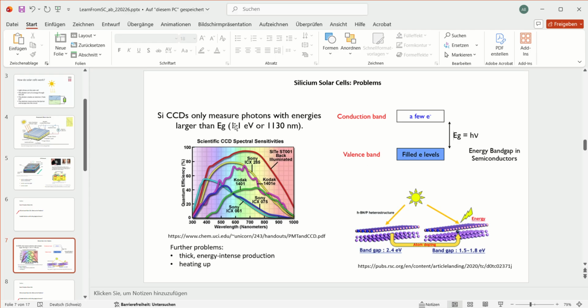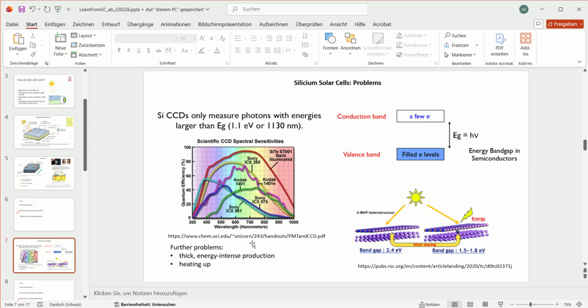And here they say, this is actually something I discussed in earlier videos and I didn't know back then, that if you have photons of a longer wavelength than this value, 1130 nanometers, the response is 0, because the photon doesn't reach the conduction band, so there are no electrons. The electron can't be released and can't be measured, basically.